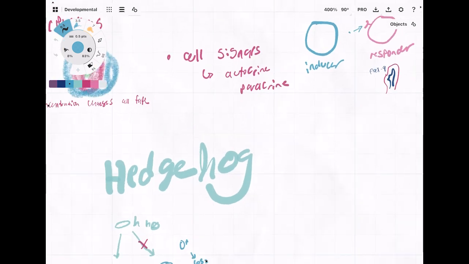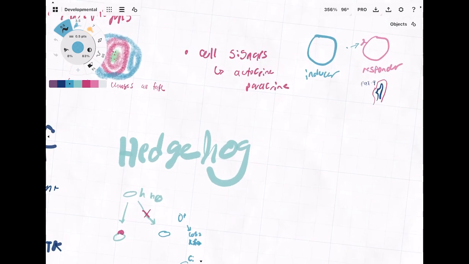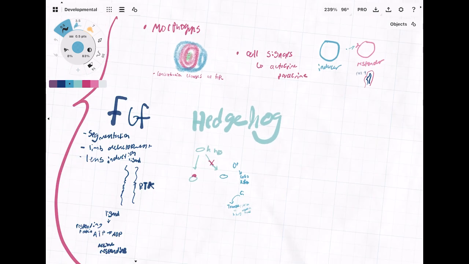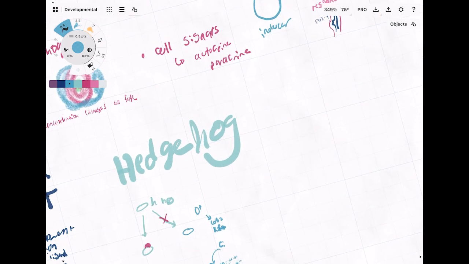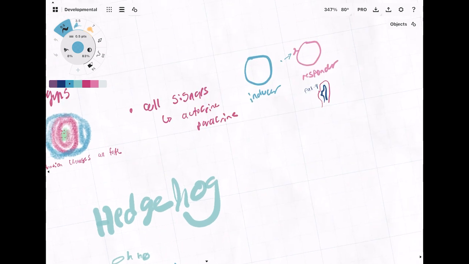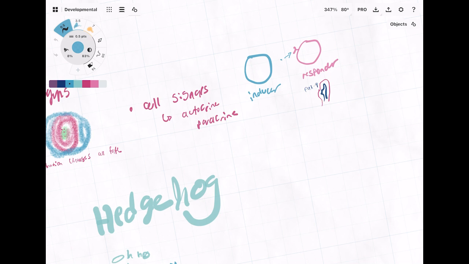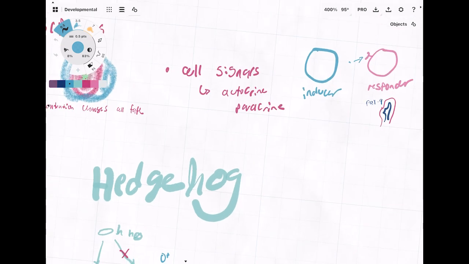So these morphogens normally act through paracrine signaling, in which they go through the bloodstream and they just go. The inducer makes the signal and sends it off, and the cell that receives the signal is called the responder.